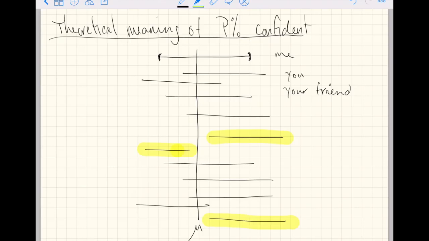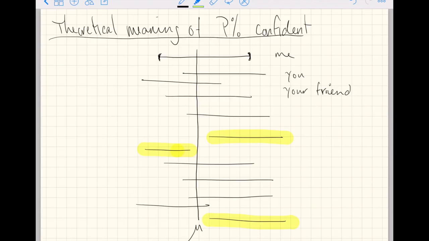When we say we are p% confident, what we're actually saying is if you and a theoretical infinite collection of your friends each took a new sample from the population, and each of you calculated your own confidence interval, p% of those theoretical confidence intervals would include the true population parameter of interest. And 1 minus p% of those would not.